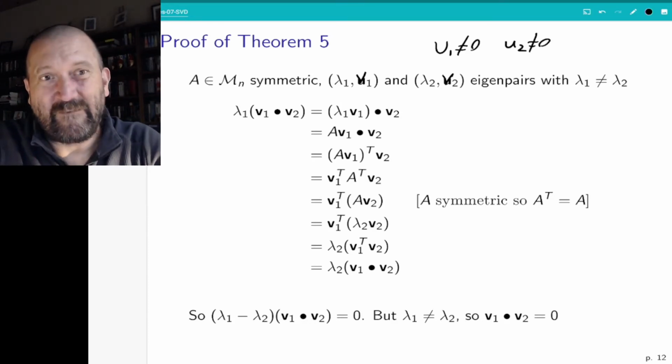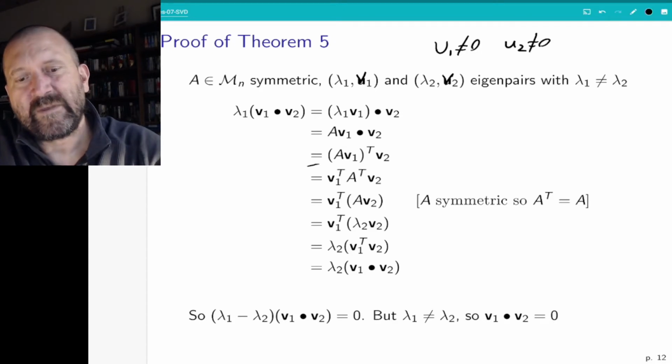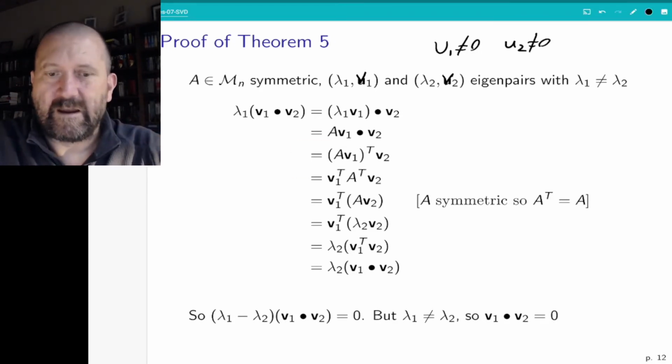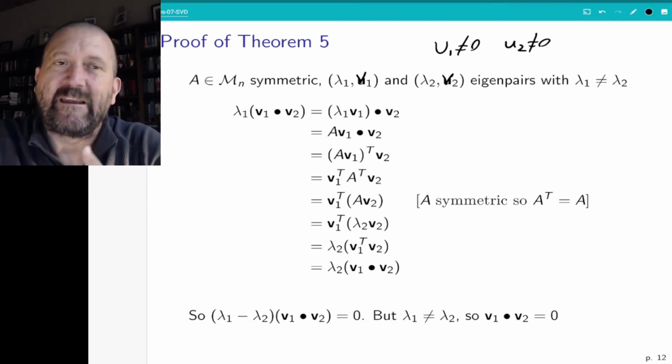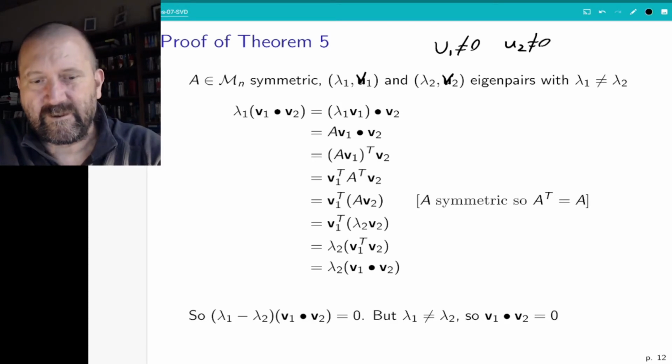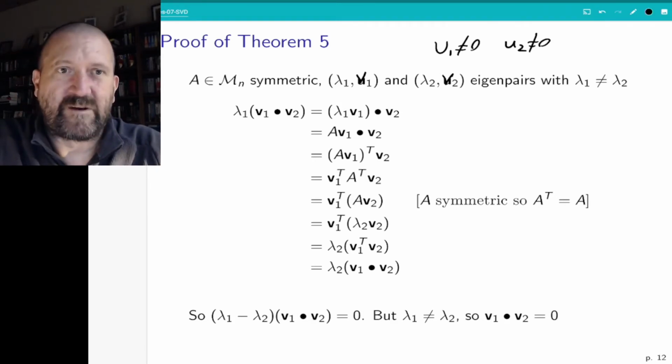So this is (A V1) transpose times V2. But now I perform the computation. (A V1) transpose is V1 transpose times A transpose. So once this is done, what do I realize?